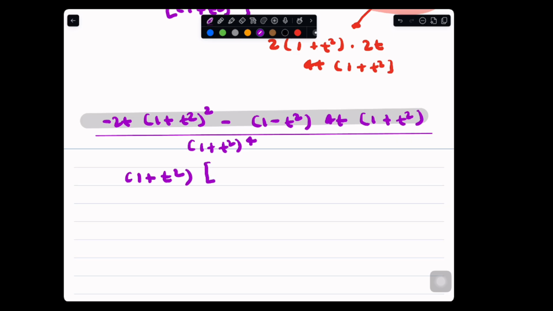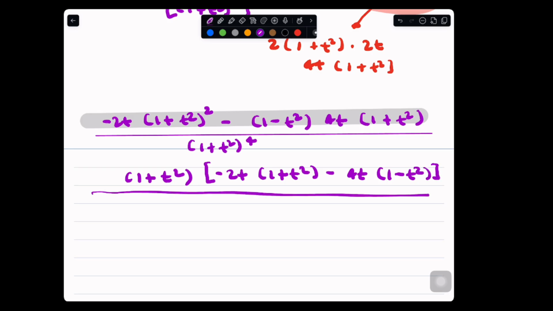Factor out of 1 plus t squared, I get negative 2t times 1 plus t squared. Minus a 4t times 1 minus t squared. I just factor out using algebra, and then this is 1 plus t squared to the 4th power here.